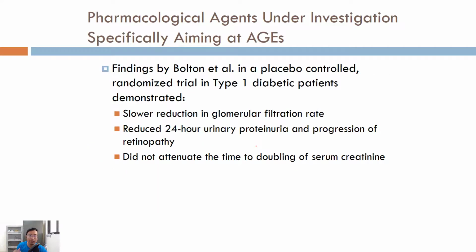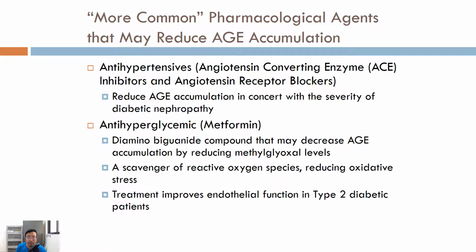Now, findings by Bolton et al. in a placebo RCT in type 1 diabetes patients using this drug have shown reduced 24-hour protein excretion. These are the signs of diabetic kidney complication, right? However, the rise in serum creatinine that happens with diabetes was not affected.